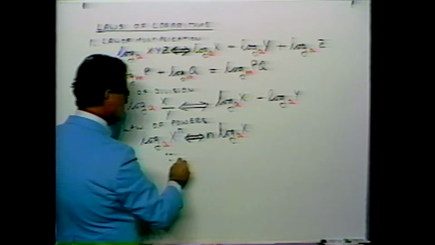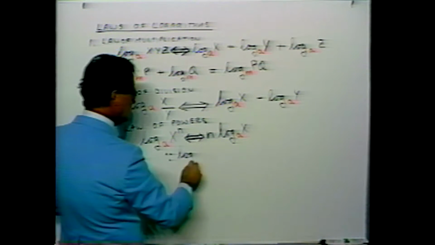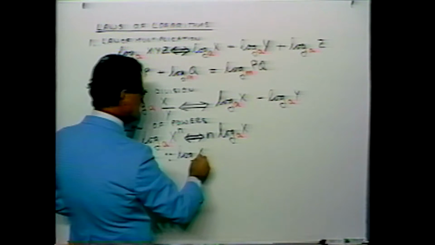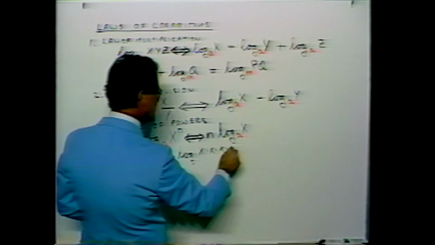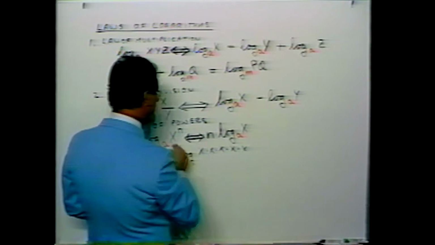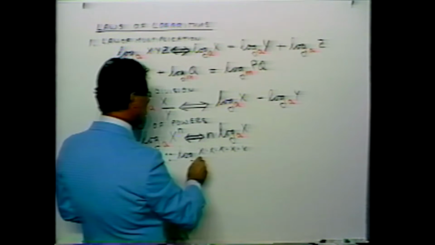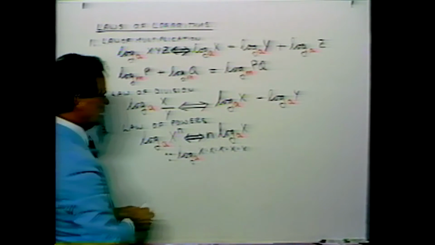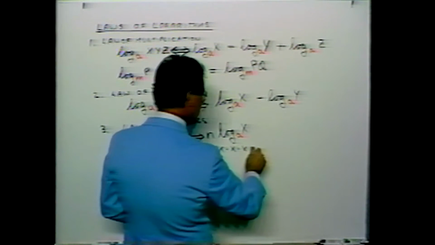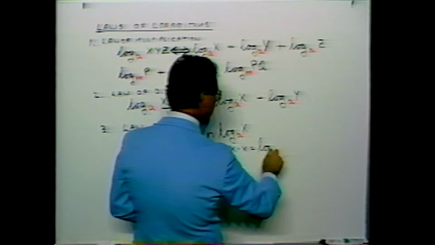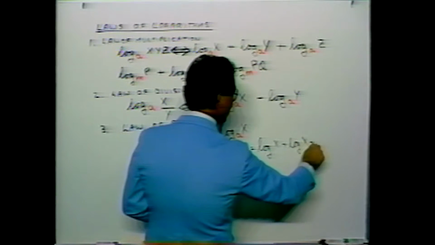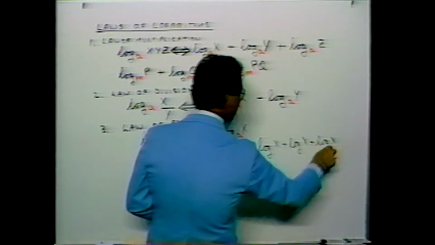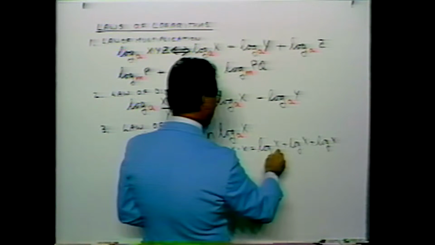Since we have this equal to the log of x times x times x times x times x, as often as n is indicating. According to the law of multiplication, this is equal to the log of x plus the log of x plus the log of x for as many as there are, indicated by n.